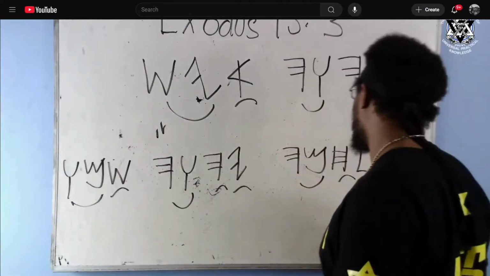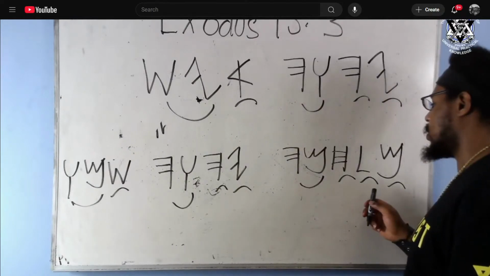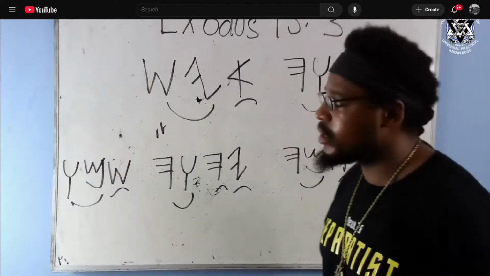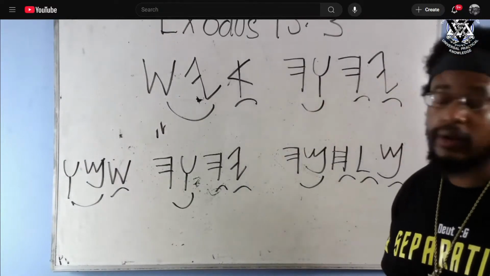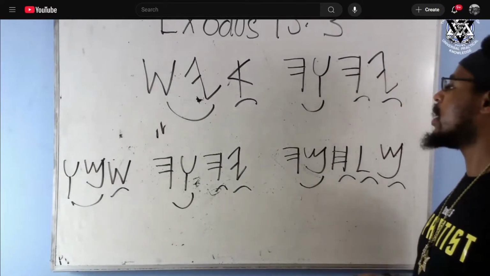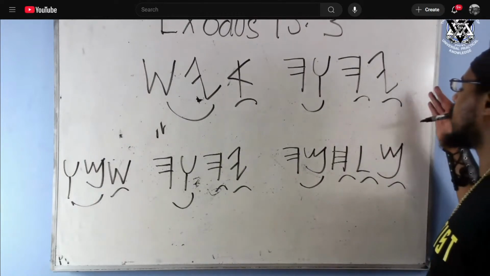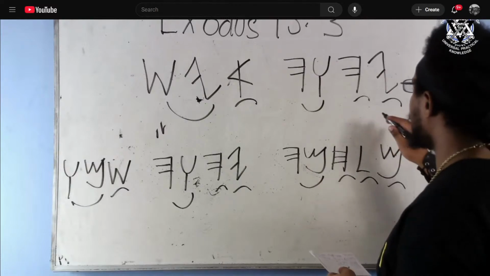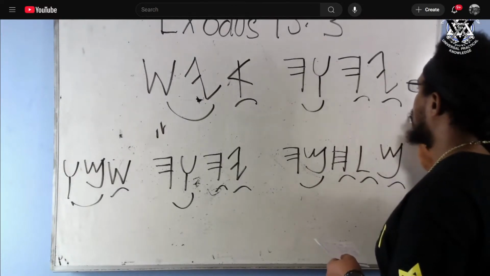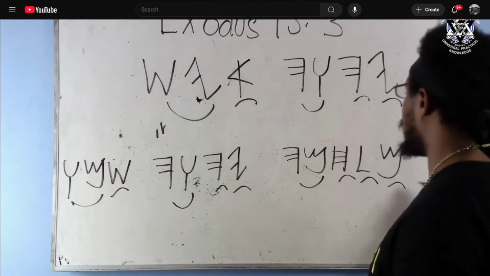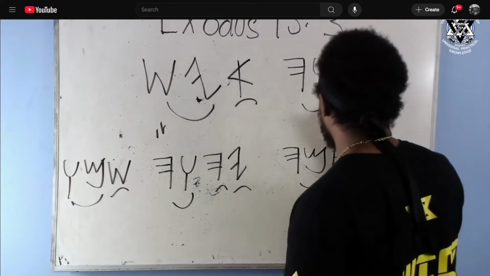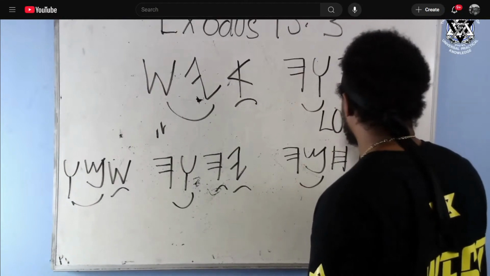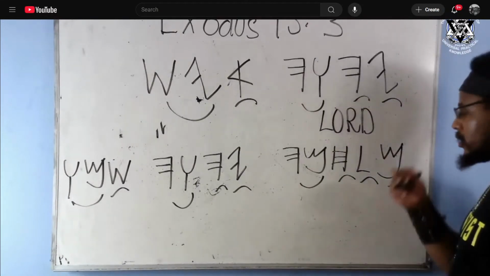Yahweh, Ayash, Malach Chama, Yahweh, Shemwa. That is what Father just read in the Syrian, and I wrote it in the ancient. So this is the Lord, Yahweh. Yahweh is the Lord. Ayash.